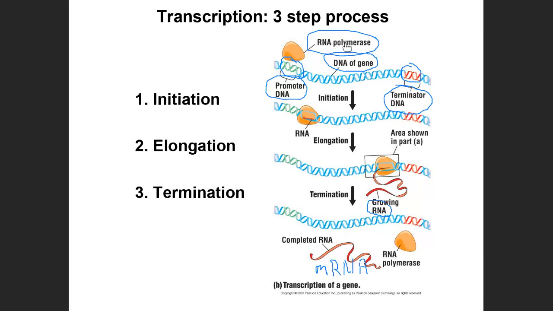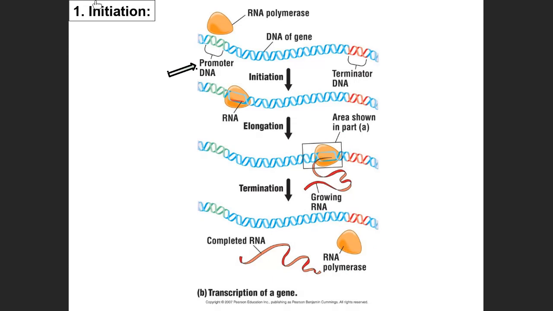Now, what RNA polymerase will do, when it performs transcription, it'll do it in 3 steps. The first step is RNA polymerase first has to locate the promoter to initiate transcription.